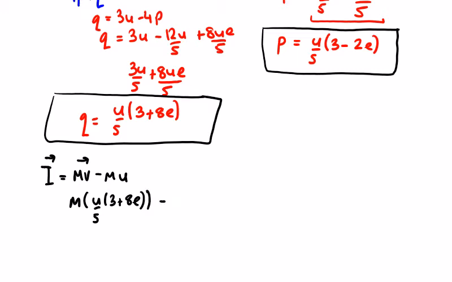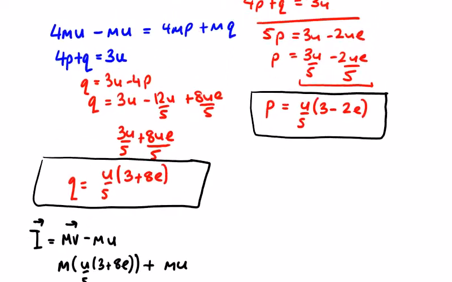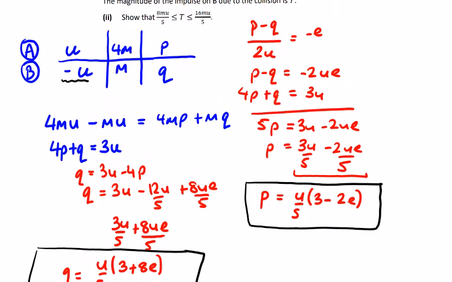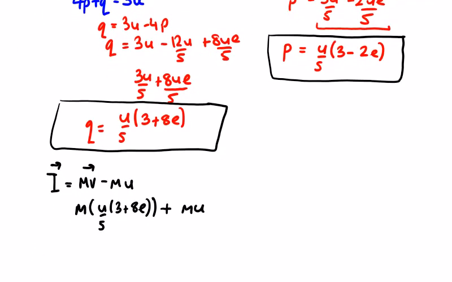And we have minus m times minus u, which will become plus mu, the speed beforehand. Just double checking here, it was minus u.